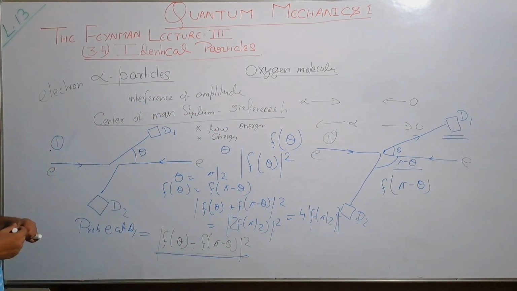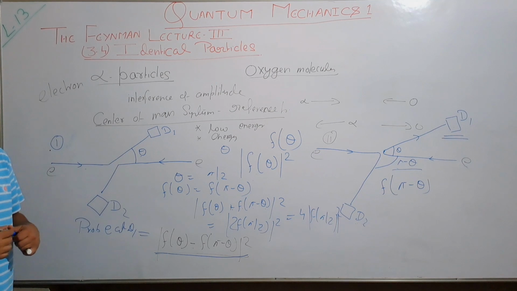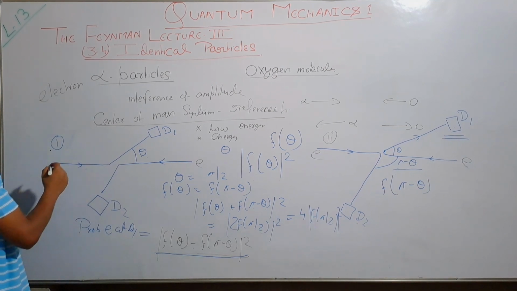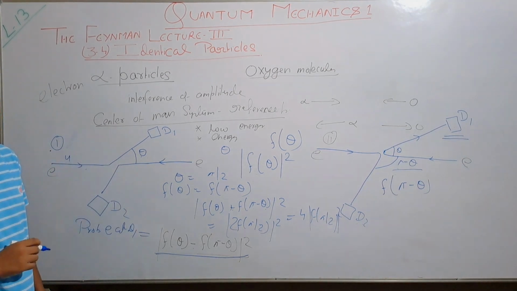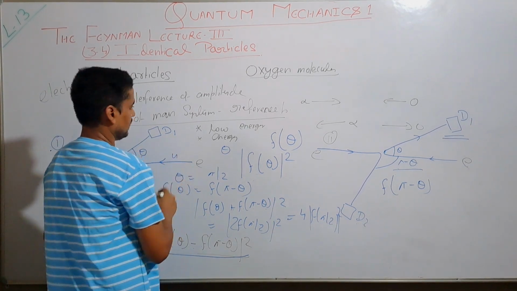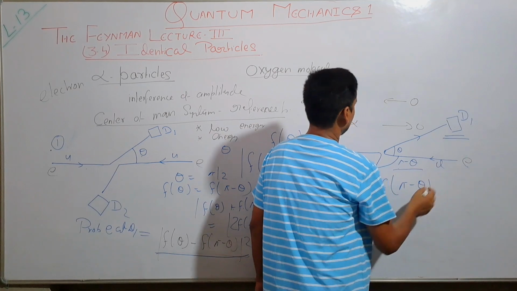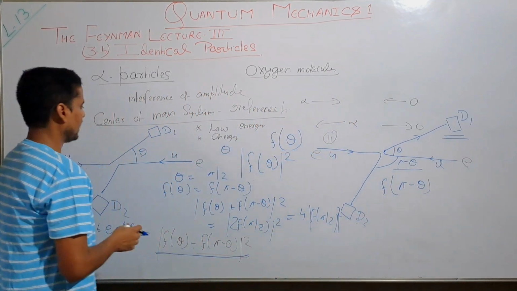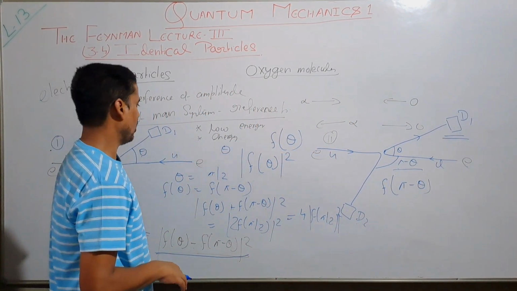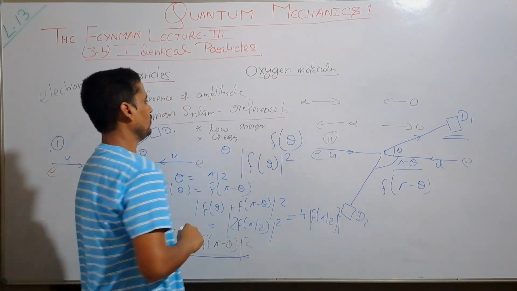Now, the electron also has spin. Suppose this electron has up spin and this electron also has up spin, or this electron has up spin and that one down spin. So in that case there can be different probabilities of getting an electron at D1.